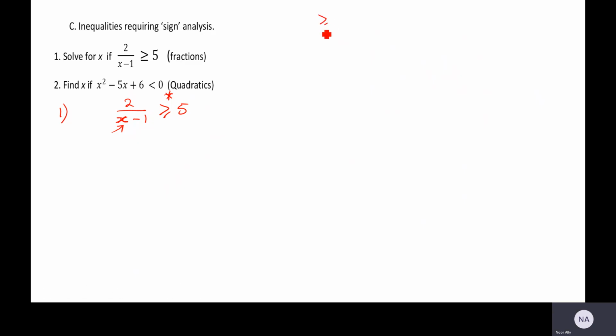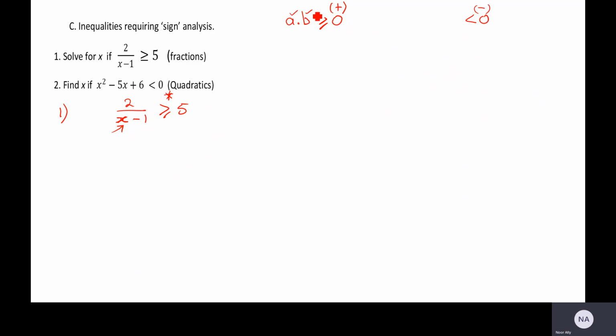If we say greater than or equal to 0, and we have two quantities A times B, that means we're looking at positive answers, because greater than or equal to 0 is positive, less than 0 is negative.